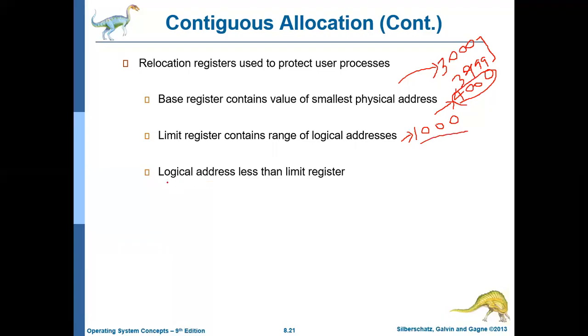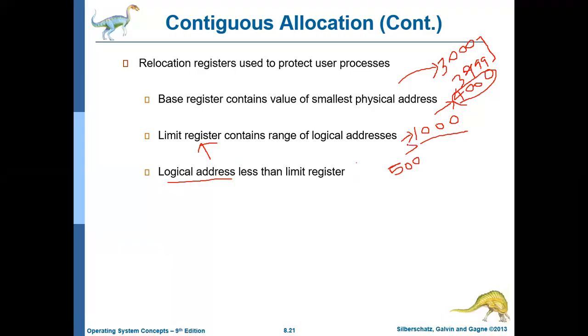Now the CPU will give a logical address and say that I want to access this location. The memory hardware will check whether the logical address given by the CPU is less than the limit register value or not. Say the CPU wants to access memory location 500. The hardware checks that it is less than the content of the limit register.